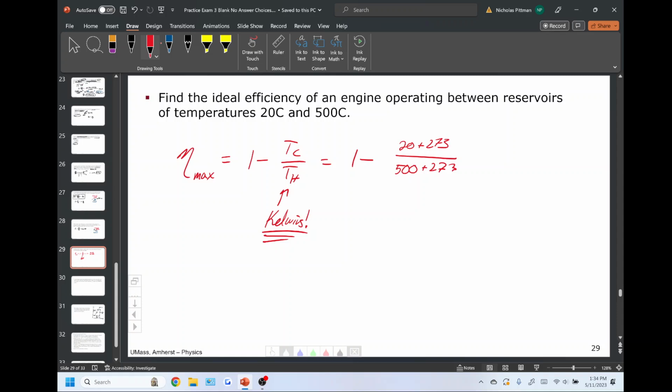If I plug in numbers, I get the efficiency is 0.621 for a perfect engine. A real engine might be told to have 50% of this efficiency. In this case, the efficiency of your engine is 0.31, and then you can finish the problem pretty easily, like we did in the last problem.